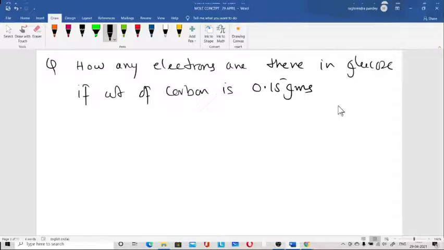Okay. So this is the question: how many electrons are there in glucose if weight of carbon is 0.15 grams? So weight of carbon means inside the glucose there are carbons, so that carbon has 0.15 grams of weight. Okay, try to solve it.